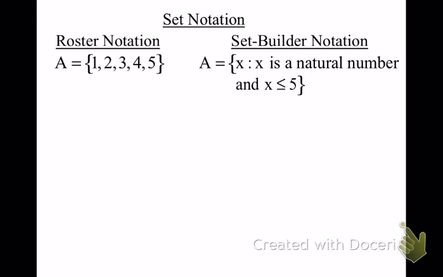So notice, the group they belong to is natural numbers, and then I'm showing that it's less than or equal to 5. Now I have two boundaries here, because the natural number is my lower boundary. That's where the numbers start, at 1, not at 0. And this tells the maximum number in that set. So this is set builder. It really just talks about the rule. Rewrite the group and the inequality.